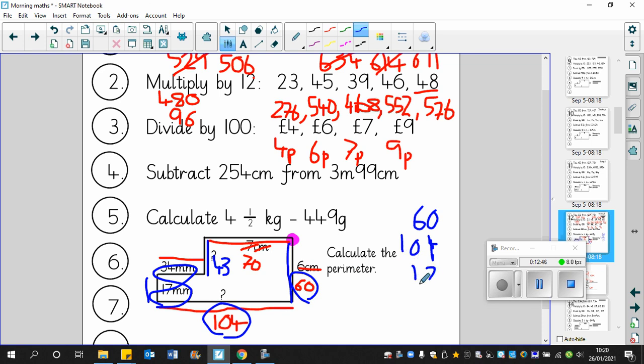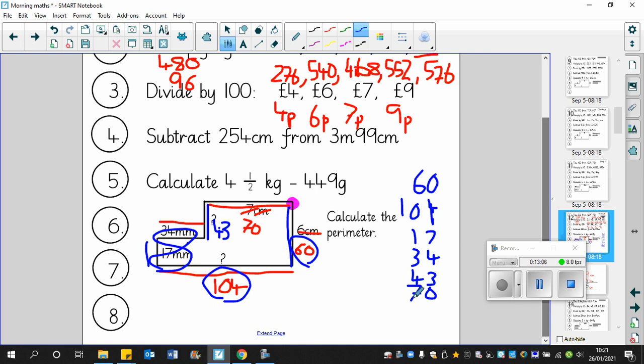And then I'm going to add up 43, and then I'm going to add up 70, which is the final one, and then do the column addition for the whole lot, and hopefully I won't get it wrong.